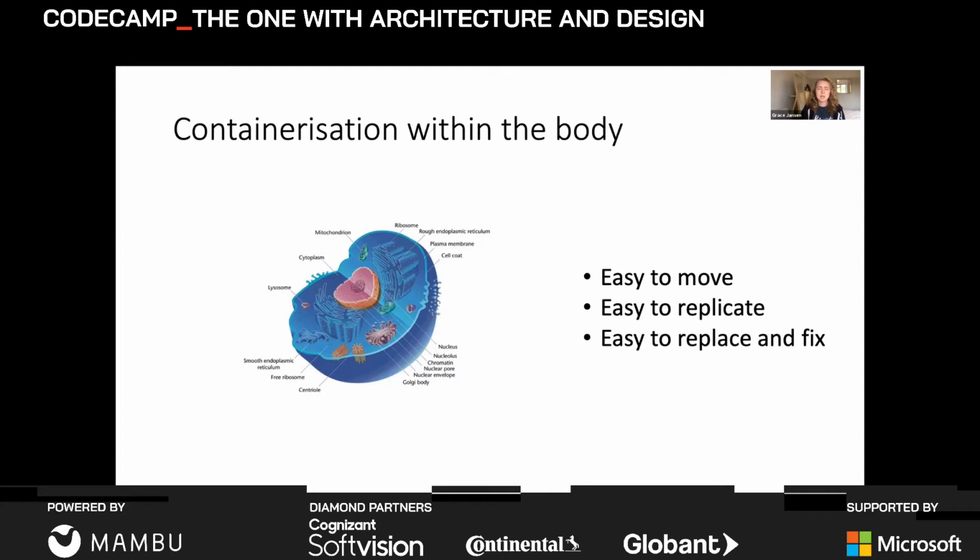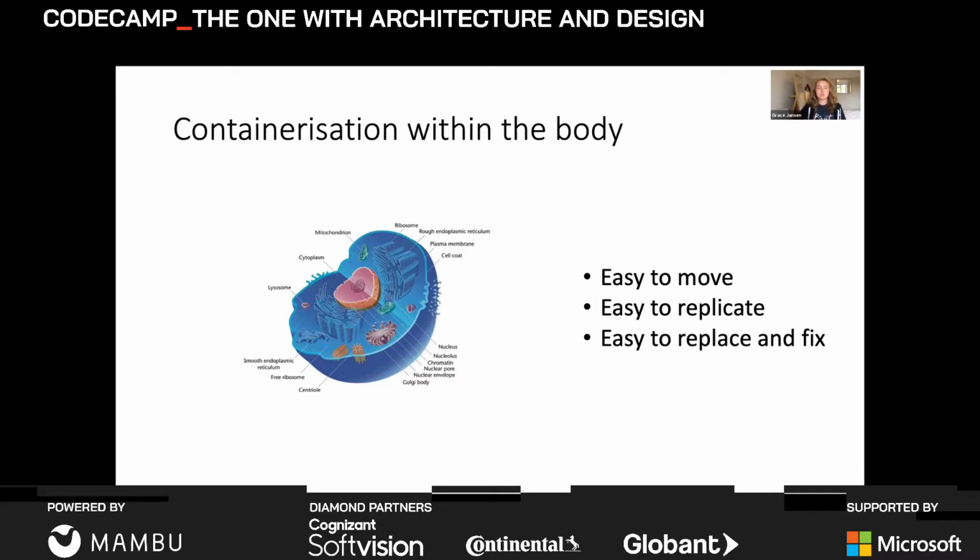We're also easily able to replicate them. Let's say I've been doing some weights at the gym and I need some more muscle cells. Well, I can easily replicate it because I'm just replicating the same cell. It's containerized. I can just spin up a new cell for that muscle to deal with that increase in load. And I can also easily replace and fix them, because they're containerized, we don't have to go looking for all the bits and pieces within it.